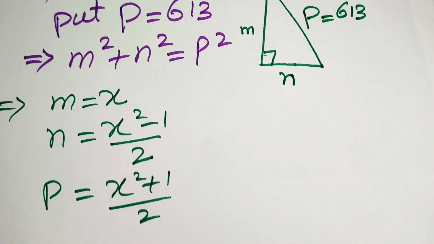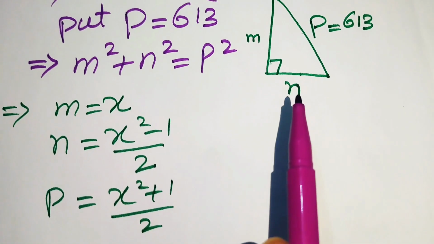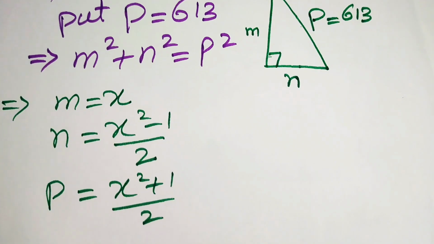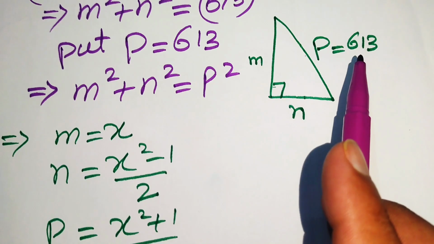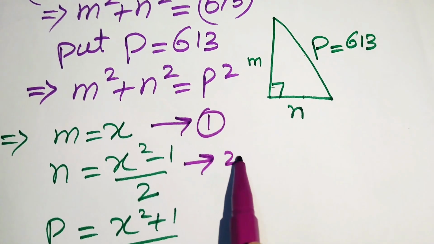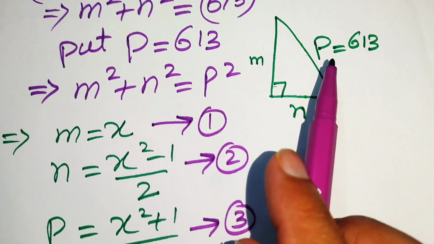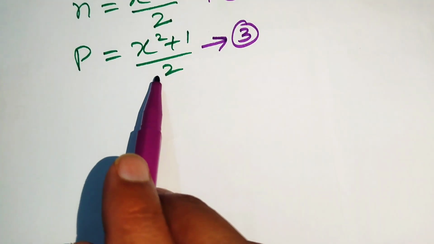So we choose these values of m, n and p, and if you substitute them in this right triangle, they surely satisfy the Pythagoras theorem. We call these equation number 1, equation number 2, and equation number 3.